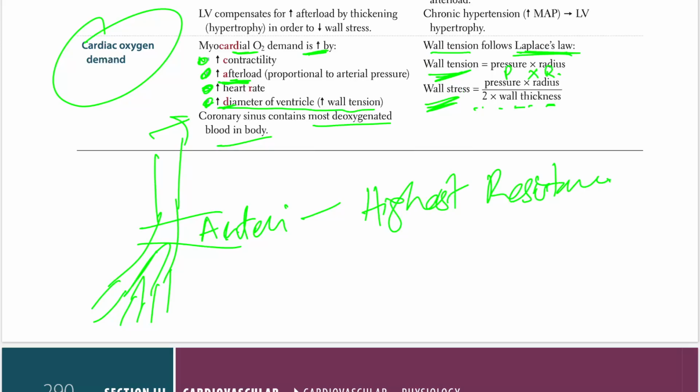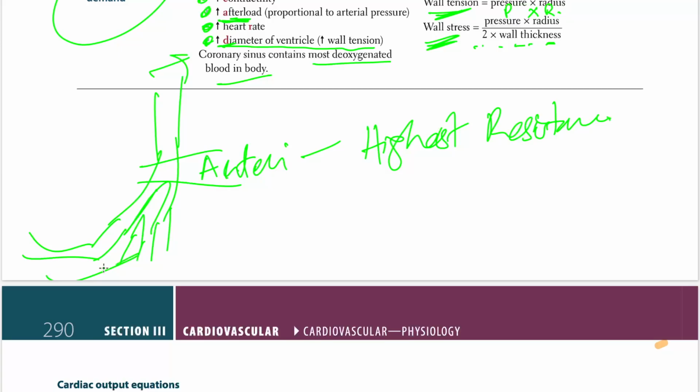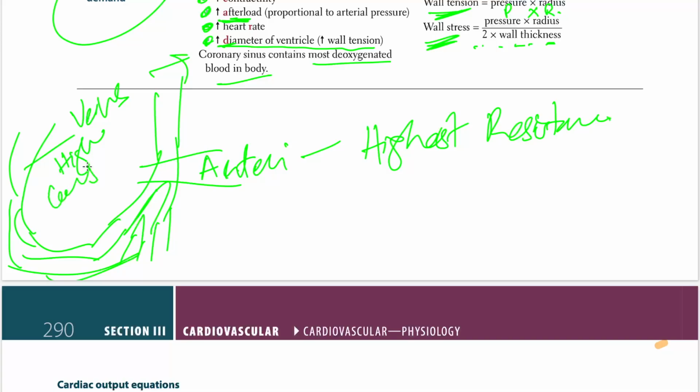And then it's going to go into all of that and make veins, right? So these veins will have the highest compliance, meaning the distensibility. They would have a greater amount of distensibility, highest compliance, and that's an important concept. The arterioles have the highest resistance. Venules or veins would have the highest compliance.